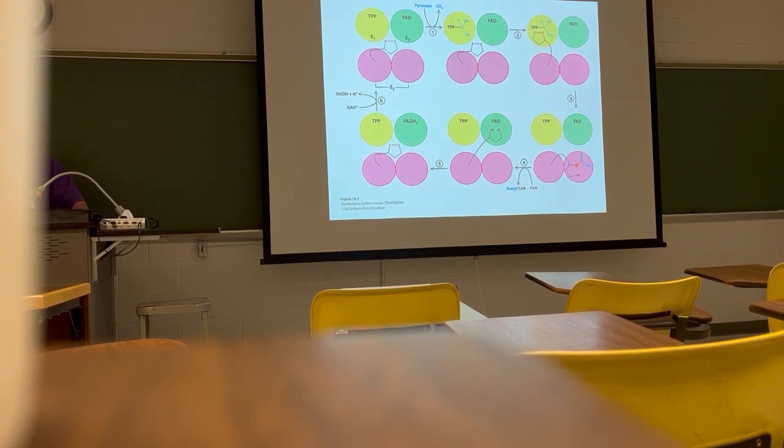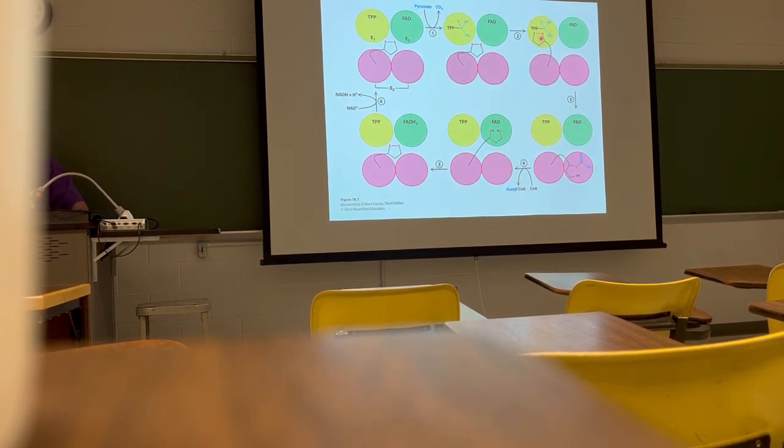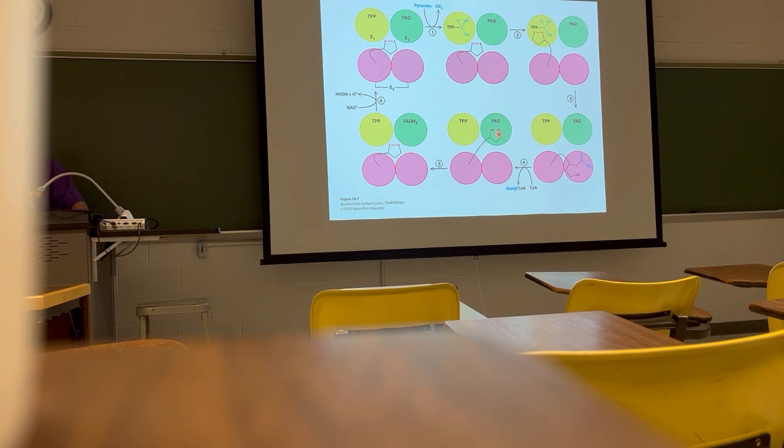And now the lipoyl group swings this down into enzyme 2 and transfers that 2-carbon unit, the acetyl unit, to coenzyme A. So we get the acetyl-CoA product. Now the lipoyl group goes up to enzyme 3, where there's an FAD, and transfers electrons from the sulfhydryls to FAD to make FADH2 attached to enzyme 3.